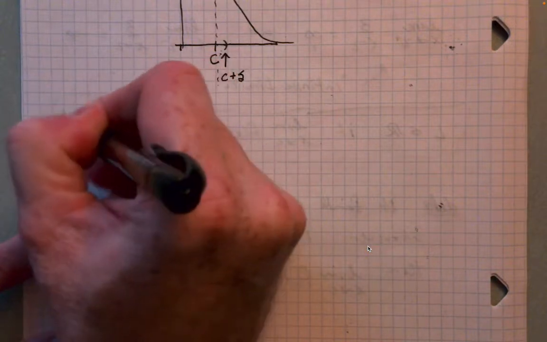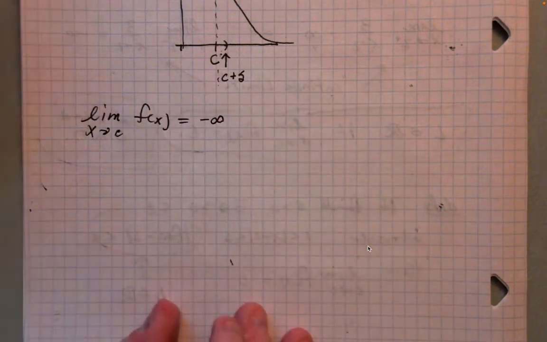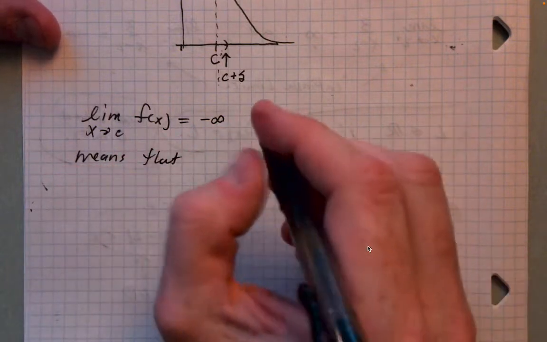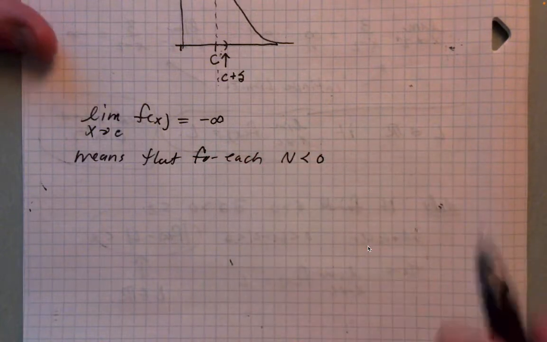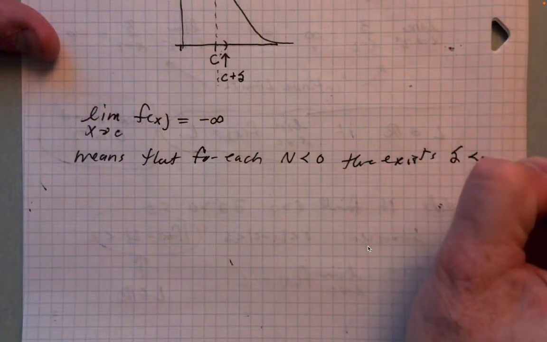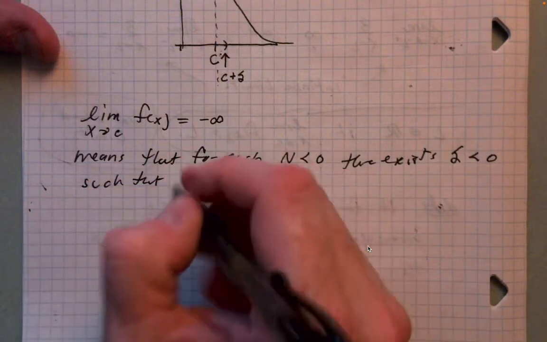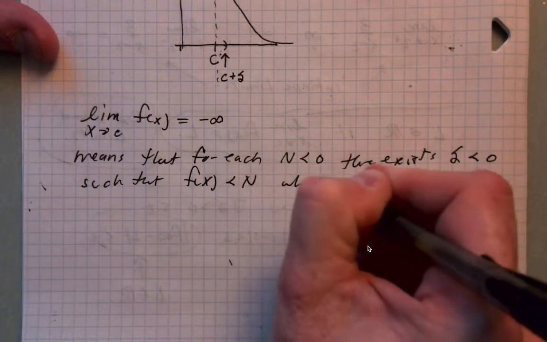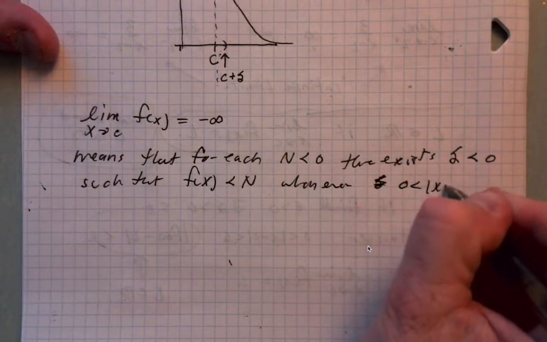So if we say the limit as x approaches c of f of x equals negative infinity, what that means is that for each n less than 0, there exists a delta less than 0 such that f of x is less than n whenever 0 is less than |x minus c|, which is less than delta.